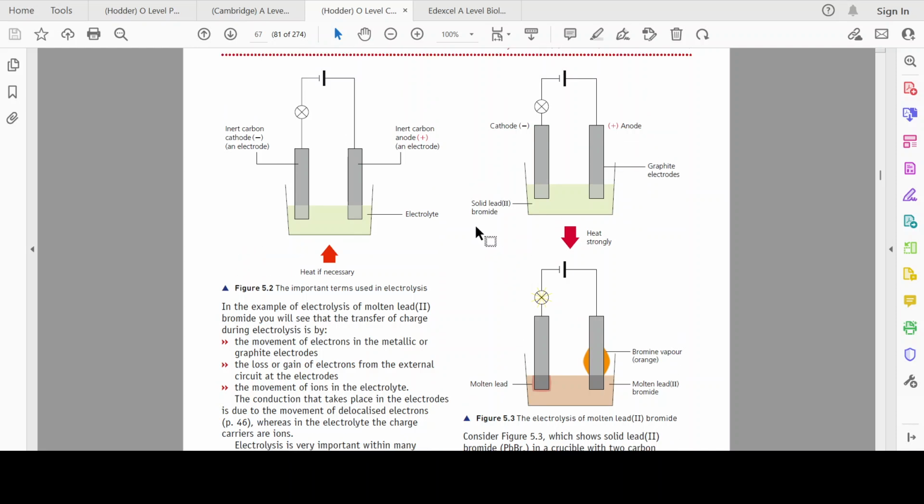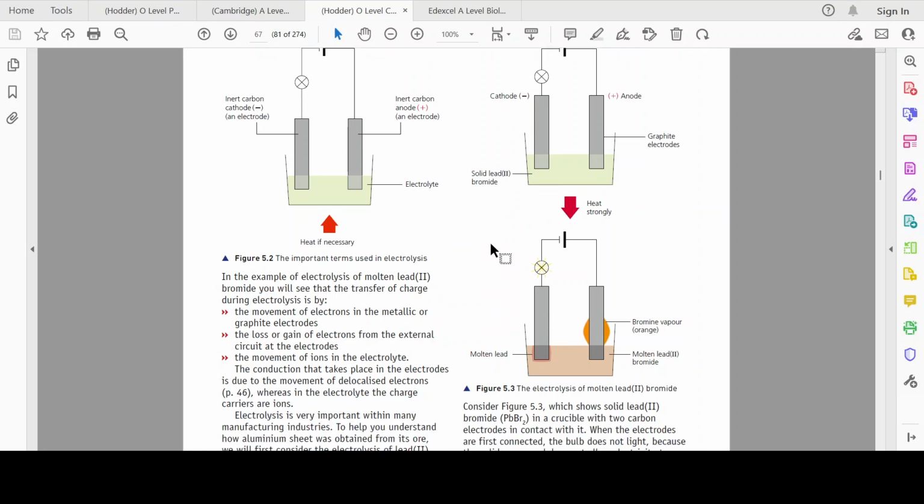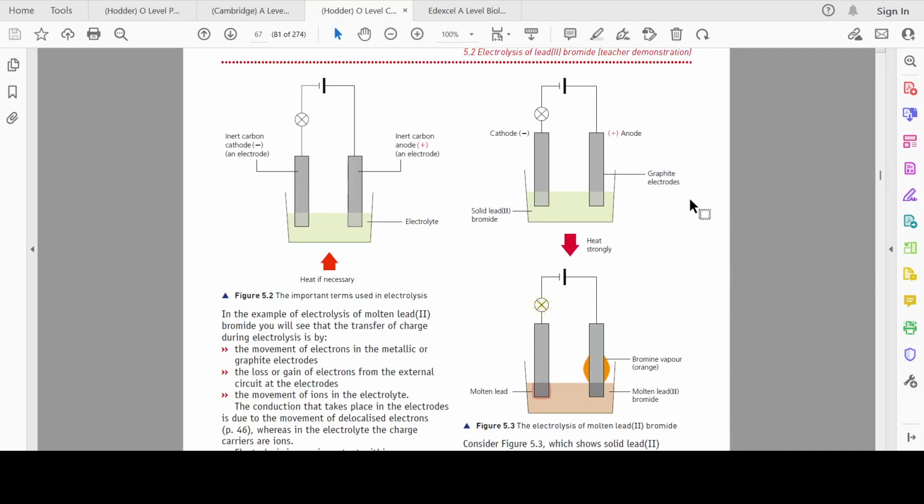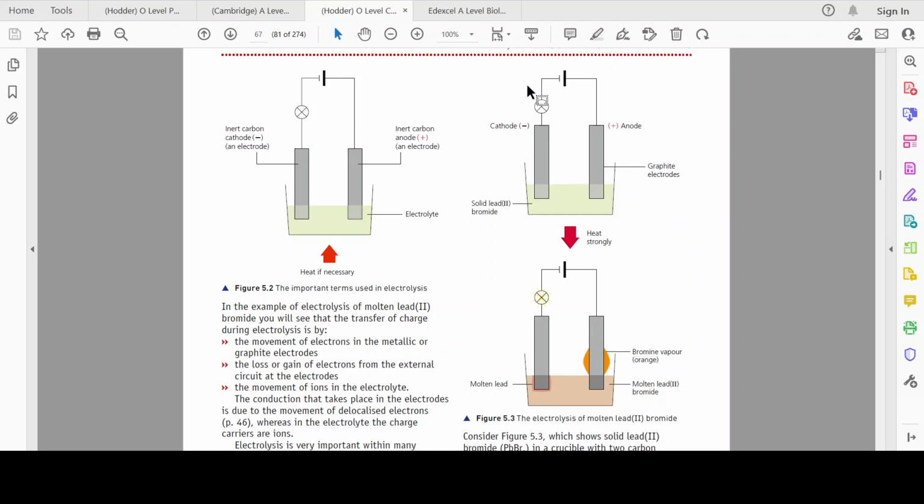So they talk about an experiment over here using lead bromide, right? So PbBr2 over here. Lead bromide. And so they're using that in its molten state. So you've got the setup over here again, the cathode and the anode. And you see, the symbols are important.